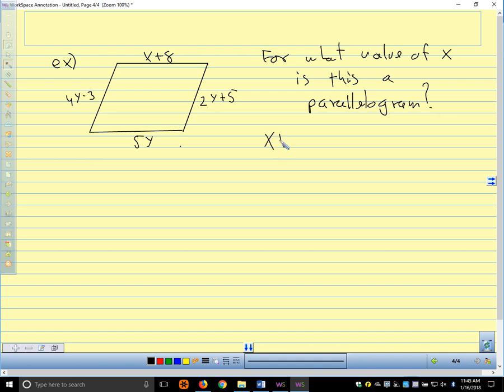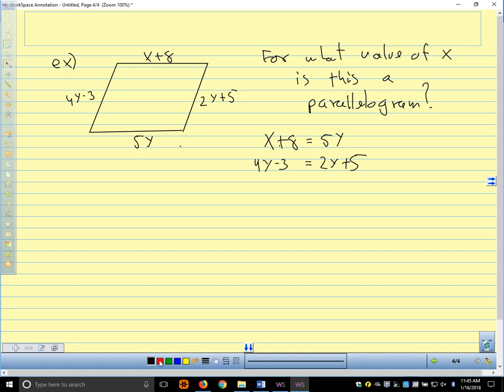So x plus 8 has to equal 5y. We need those two sides to be the same. And we need 4y minus 3 to equal 2y plus 5. We need both of those to be true in order for this to be a parallelogram.